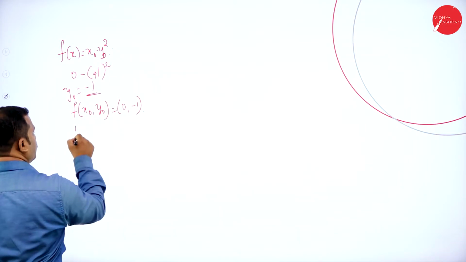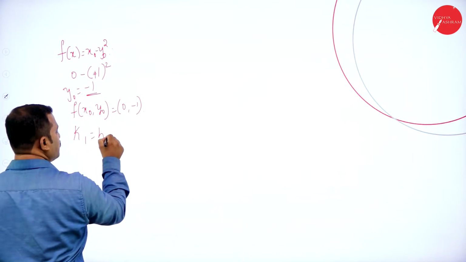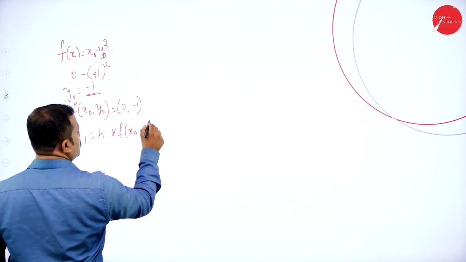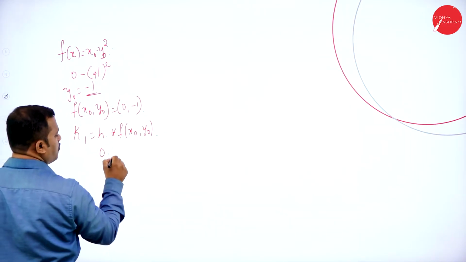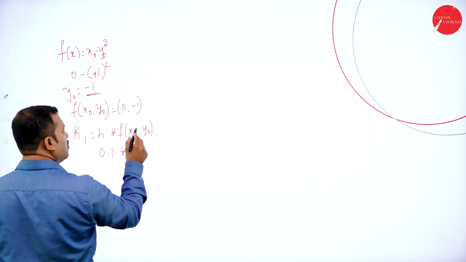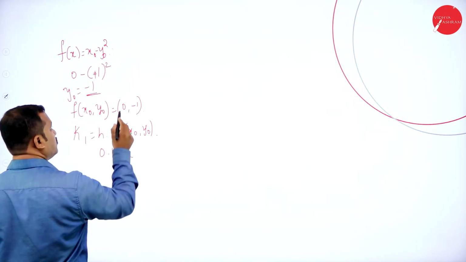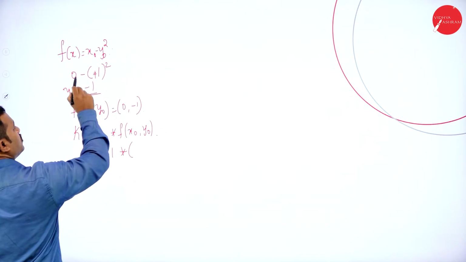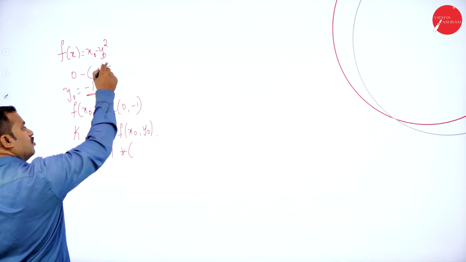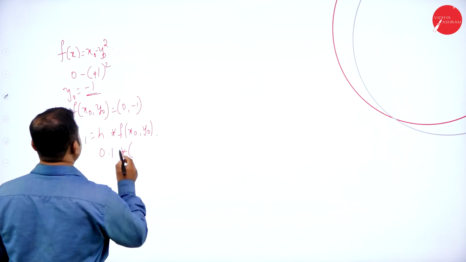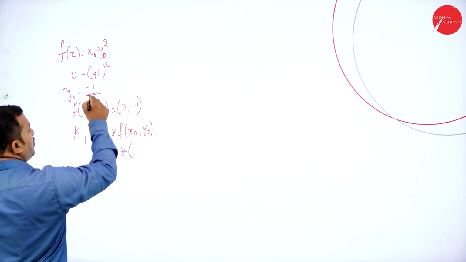How can I find out the value of K1? K1 is equal to h into f of x0 comma y0. What is the value of h? It is 0.1. 0.1 star f of 0 comma minus 1. If I substitute that 0 comma minus 1 into that, what is the value? That is 0 minus of 1 whole square, that is the value we have found, which is equal to minus 1.